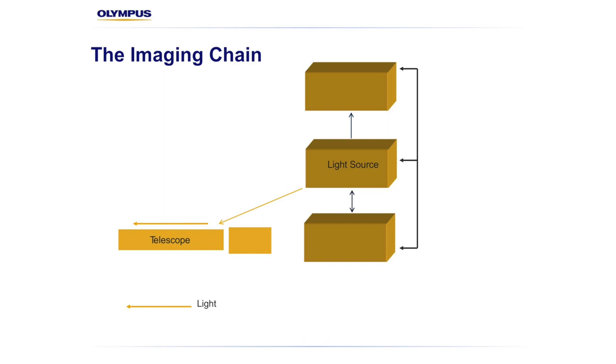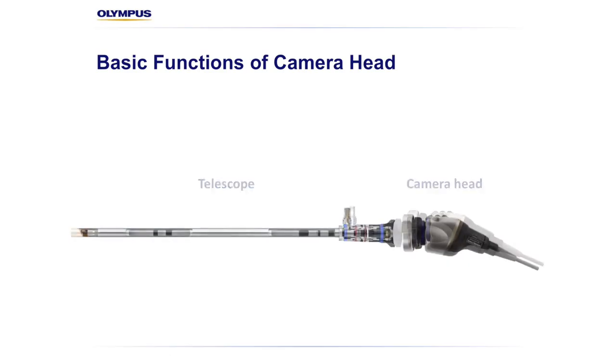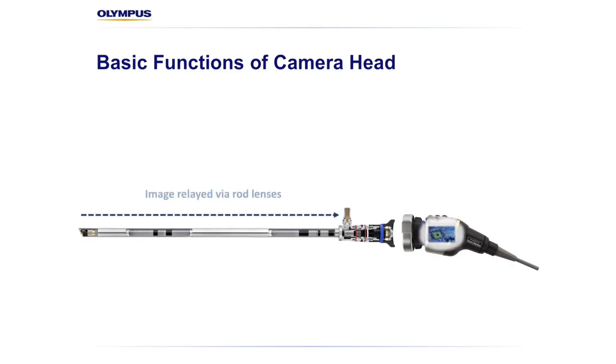This leads me to the third part of our imaging chain, the camera head. The camera head is responsible for receiving the image from the optics of the telescope and turning them into a digital image signal. This is typically done by a computer chip sitting behind the camera head lens. The chip receives the light or photons onto its surface.